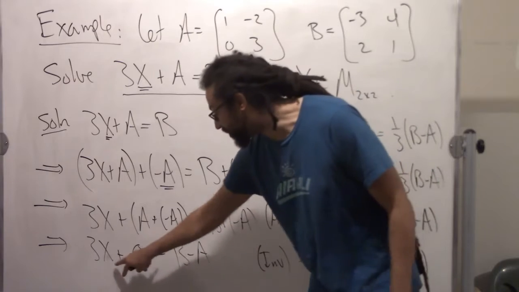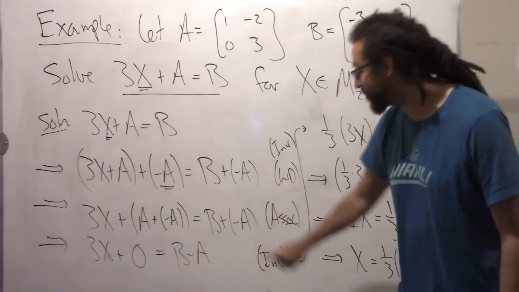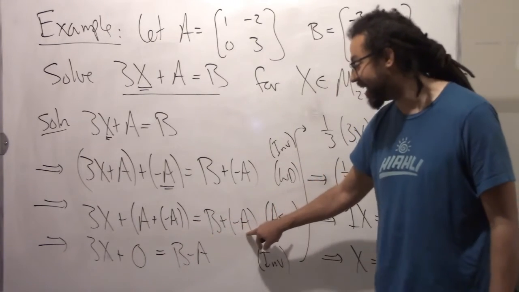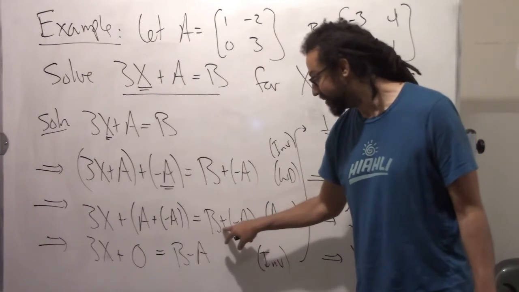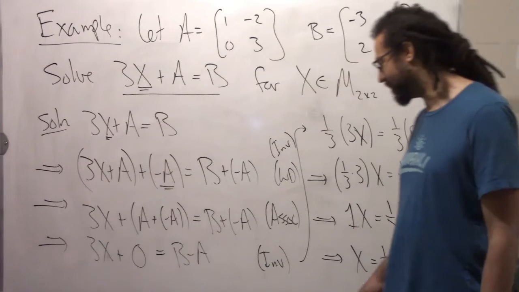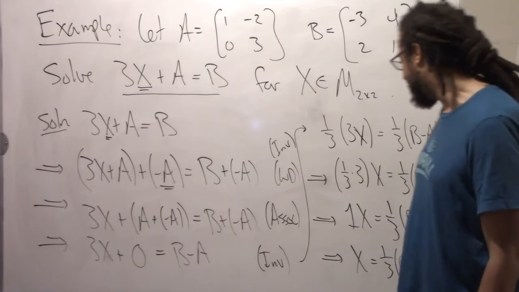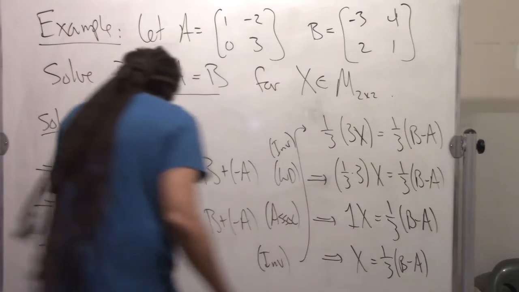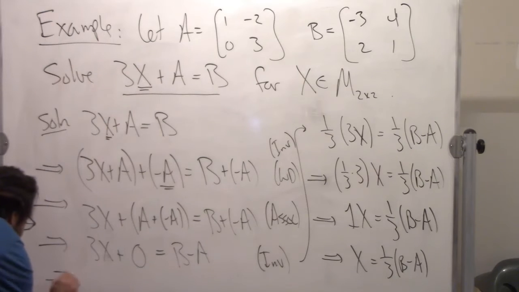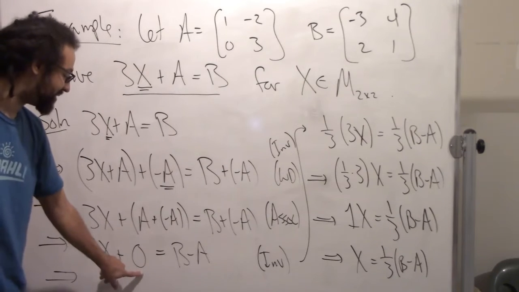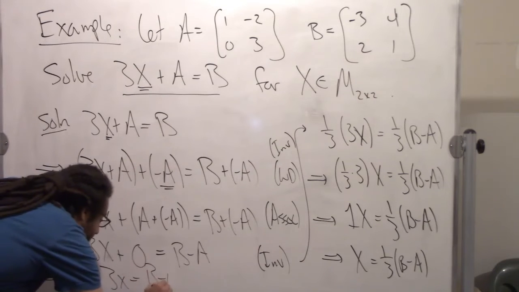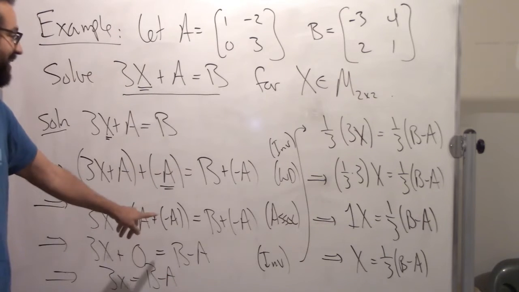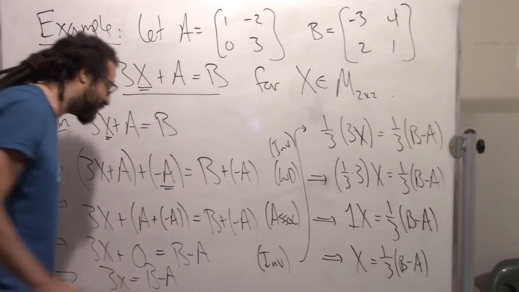So now I've got 3x plus 0 is equal to, and I'm going to go ahead and call B plus negative A just B minus A, like you're used to. Same thing, different notation. But now, this is the same thing as saying, and I left this step out, 3x plus 0 is just 3x. So this is 3x is equal to B minus A. And the reason is that's the additive identity property.